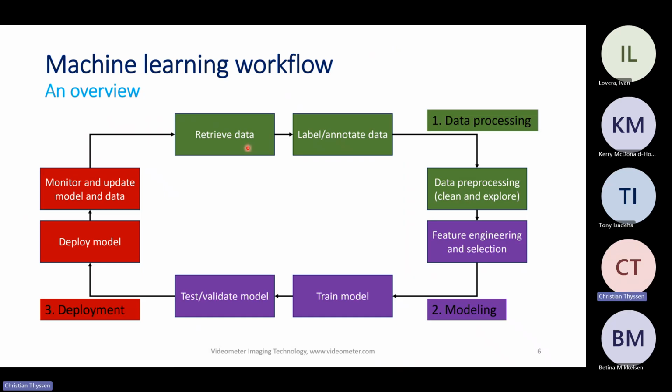And once you have gotten these blobs out, you would then label them. Also, a particularly important step is to pre-process the data, so cleaning it and exploring the data.